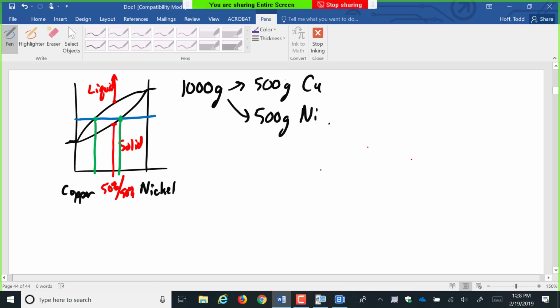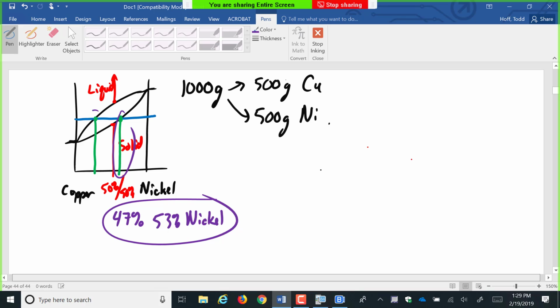Let's say that we are at a temperature where this solid is 47% copper and 53% nickel. And this liquid, let's say that that is 58% copper and 42% nickel.